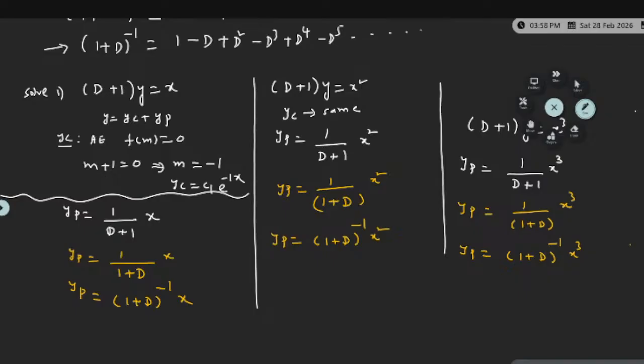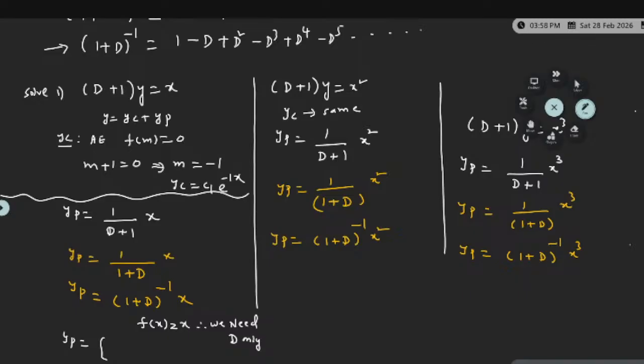Look here, we have to concentrate well. What is f of x? Here what is f of x? x. Therefore what we need? If x is there, what do we need? d. Look, once again expand this.